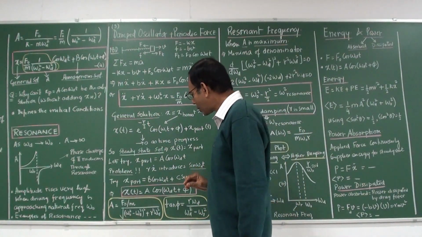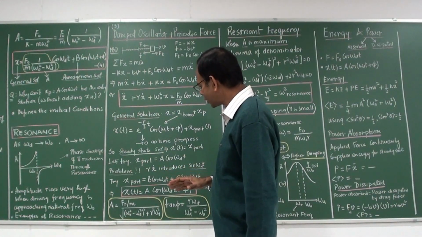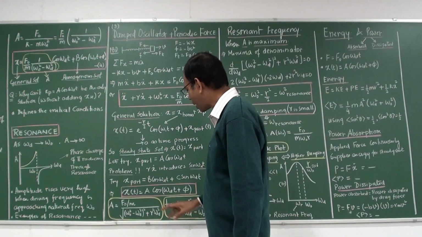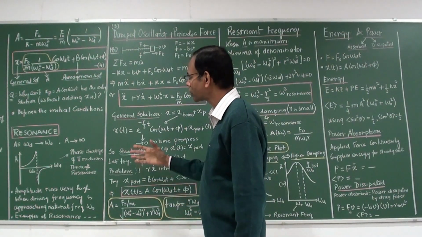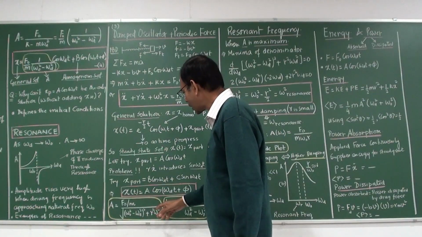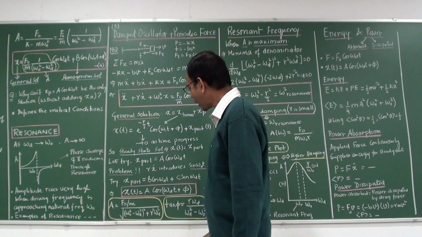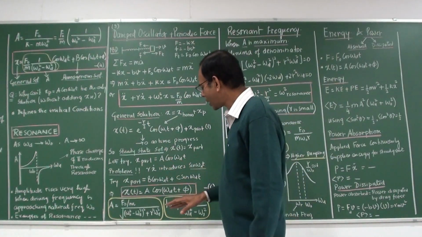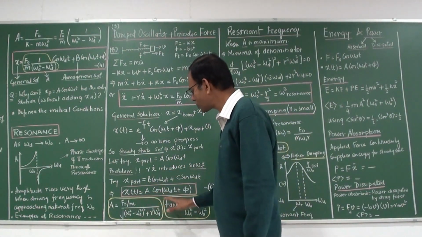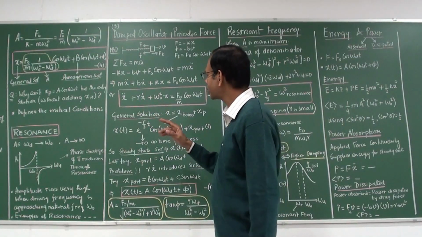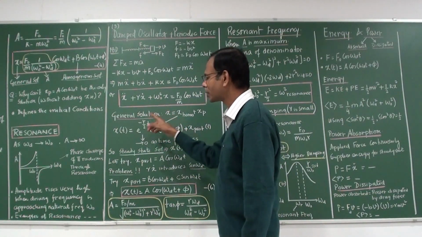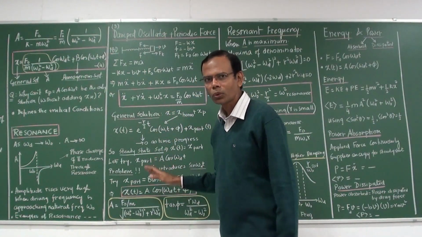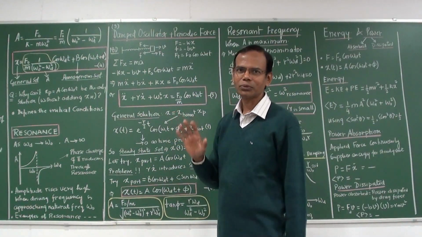Now you may think, suppose gamma is present and omega d is 0, I am not able to accommodate that solution. If gamma is present, this particular solution, I am not getting back that damping solution. It is because presently we are only following the steady state solution.